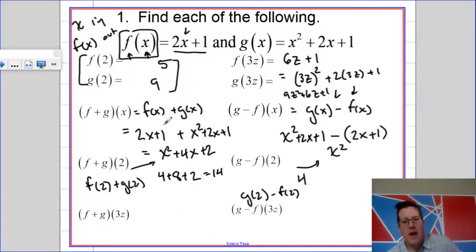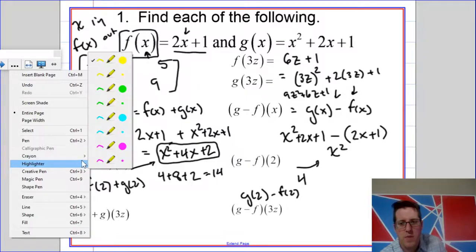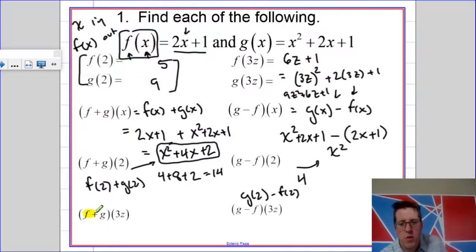So if I take 3z and I plug it into f plus g, I should hopefully get the same thing. So let's see. If I plug in to instead this function, here I'll hit it with the highlighter so you can see what I'm talking about. So I'm going to plug 3z into f plus g, this function I already found.